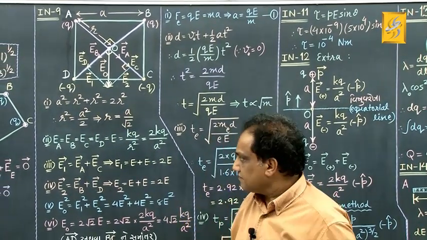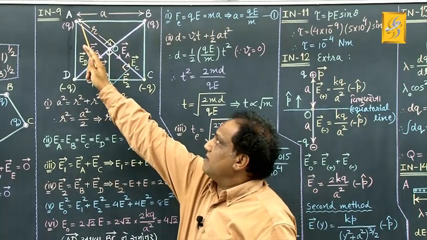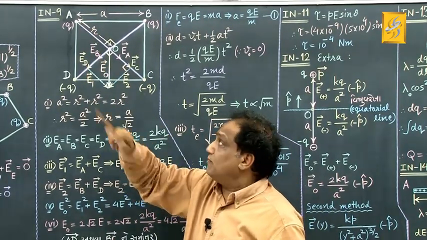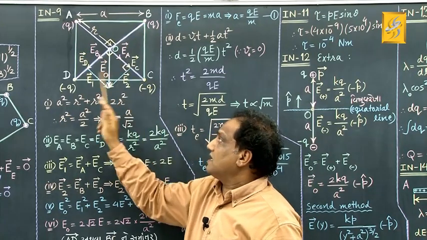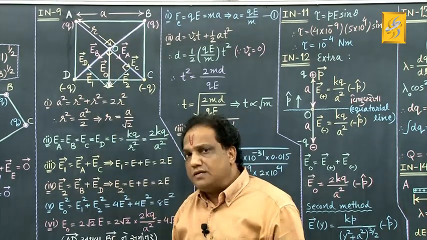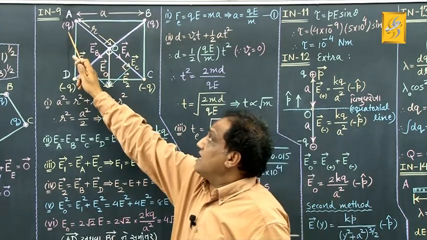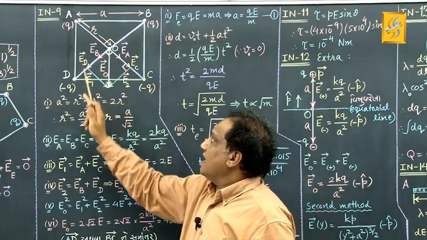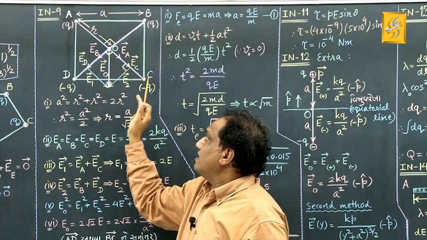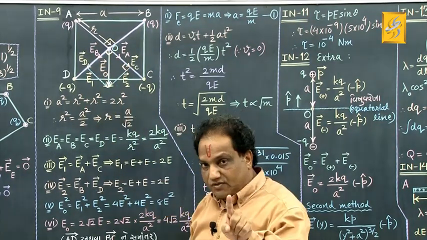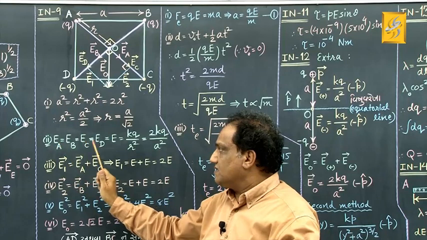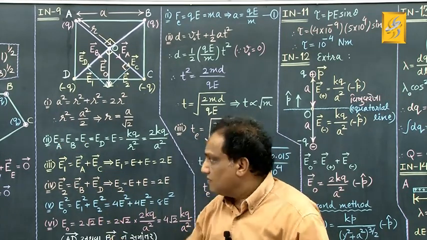Now, so far as the magnitudes of electric fields produced by these 4 point charges at the centroid are concerned, those magnitudes are equal because the magnitude of charge is the same everywhere and this distance is also the same everywhere. That's why all these electric fields have the same magnitude.